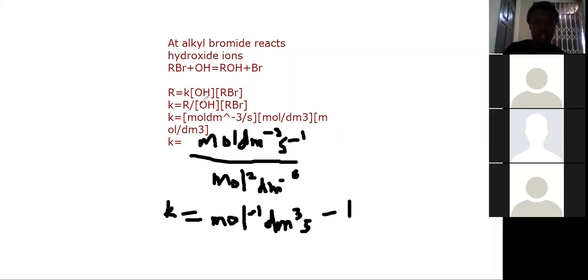That means when this one is multiplied by 3, what will happen to the rate? It will also be multiplied by 3, because 3 raised to the power 1 gives 3.